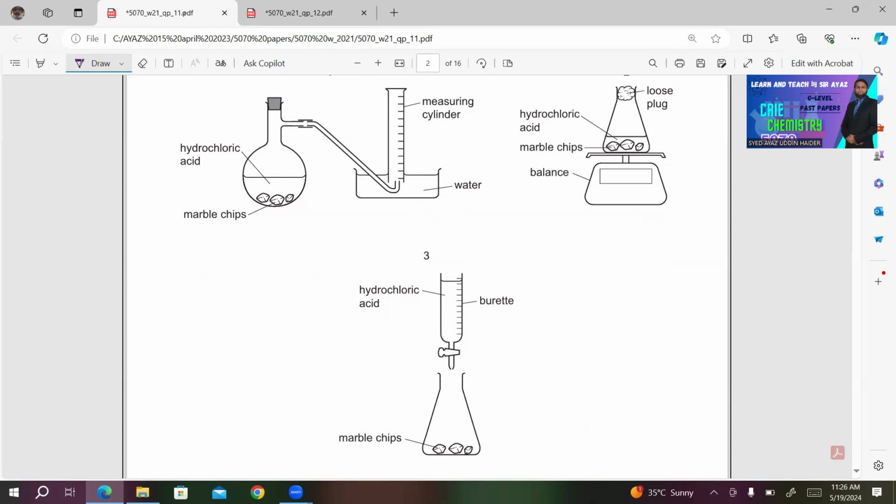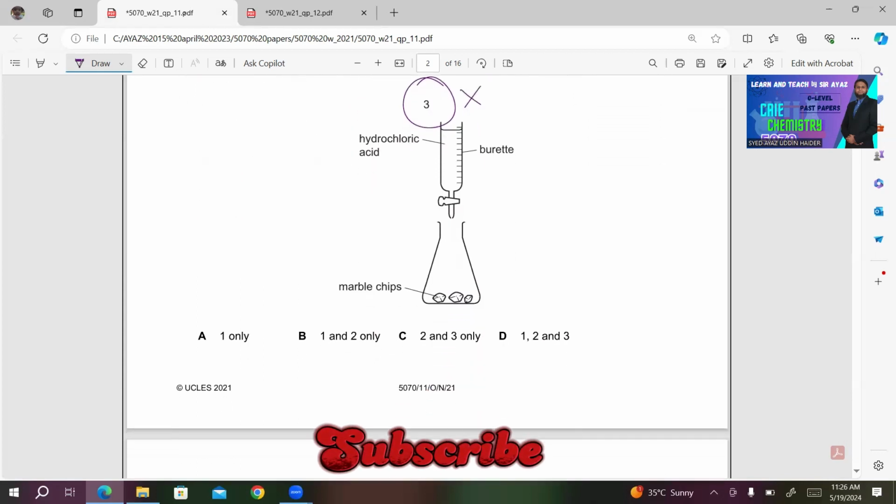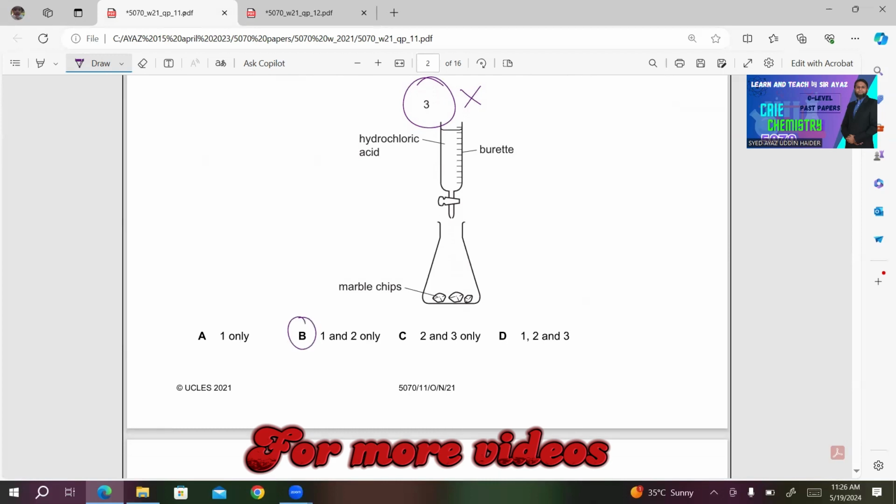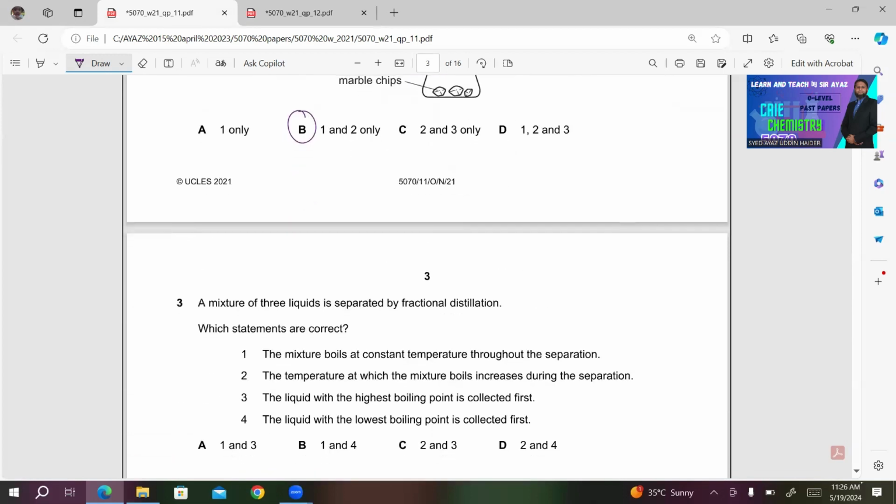In diagram 3, they are pouring hydrochloric acid from a burette, and the flask contains marble chips. So this can't be used for this purpose. Only 1 and 2 is correct. So obviously choice B will be the right answer in this case.